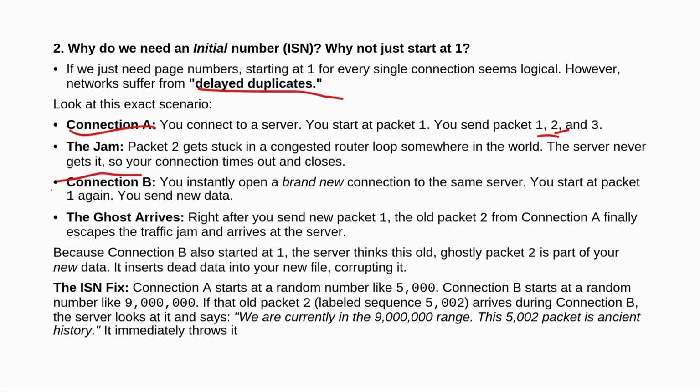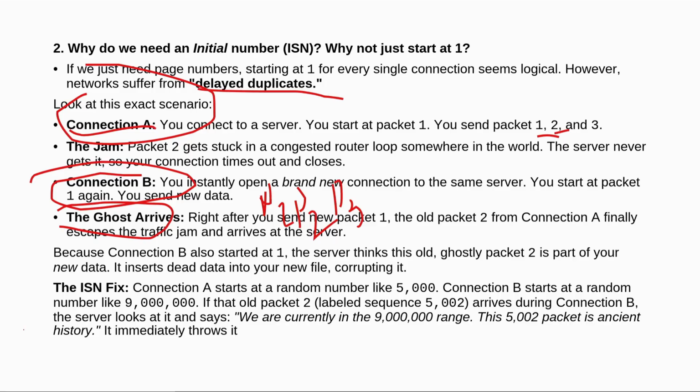After some time, connection 2 is established. You instantly open a brand new connection to the same server. You again send packet 1, packet 2, and packet 3 in connection 2, a bunch of packets. After that, your ghost packet arrives. Right after you send the new packets, the old packet 2 from connection 1 is finally released, escapes the traffic jam, and arrives.